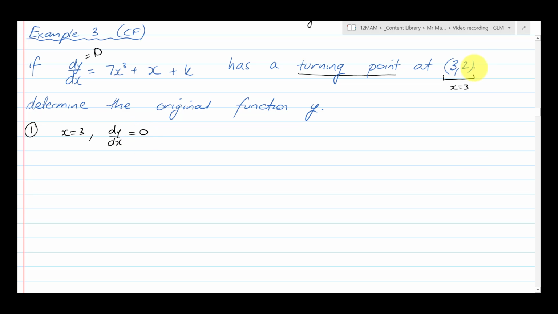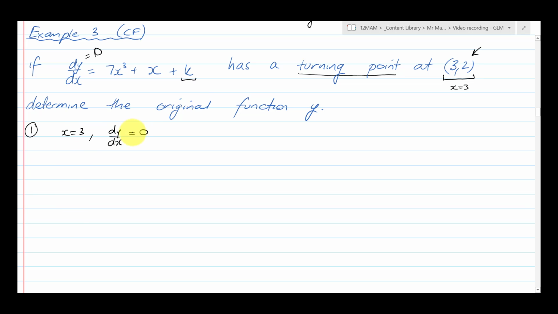But we also know this coordinate is really rich in information. We also know that when x equals 3, y equals 2. So we have two pieces of information from one coordinate. We're going to use the first one to evaluate the value of k, and then we're going to integrate, and then we'll use the second piece of information to evaluate the value of c.